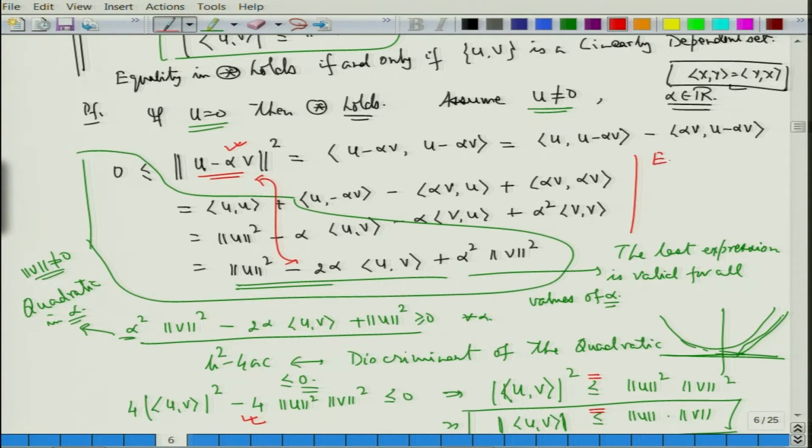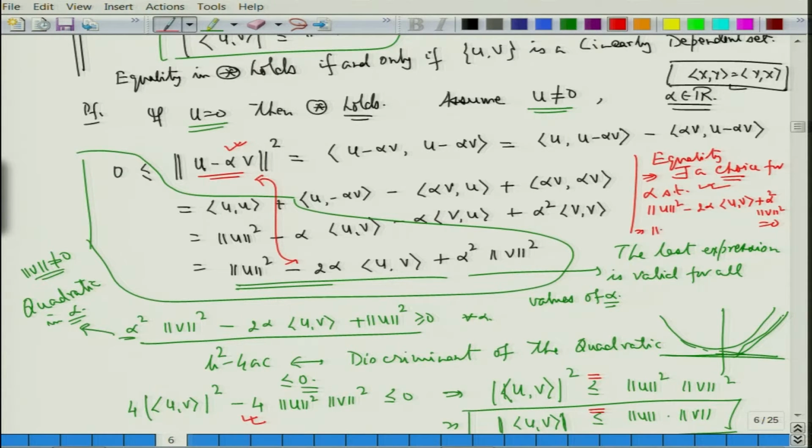So equality here will imply that this part is 0, so there is only one root for alpha. If there is only one root for alpha, it means that there is a choice of alpha for which this is 0. So equality implies there exists a choice for alpha such that norm of u square minus 2 alpha (u,v) plus alpha square times norm of v square is 0, for this particular choice of alpha, whatever that alpha is.